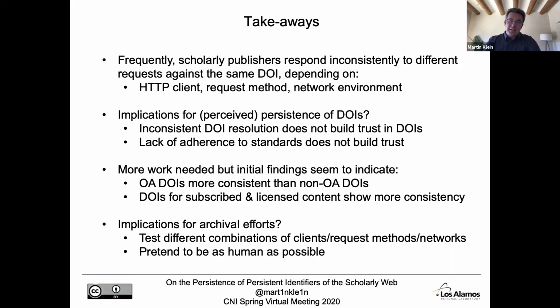On the more technical level of implications of these sorts of findings, especially for archival efforts of libraries and archives, what does that mean? Well, my recommendation would be for developers there to test as many combinations of request methods and clients and also network environments as possible, because we've seen that the responses are not consistent, and we need to find a way, unfortunately, that works best for our use cases.